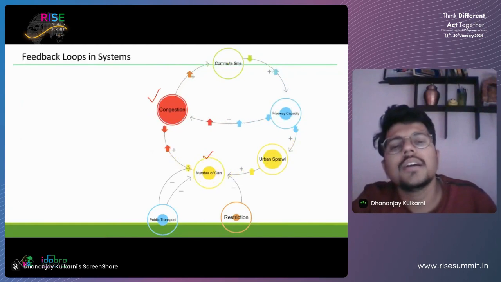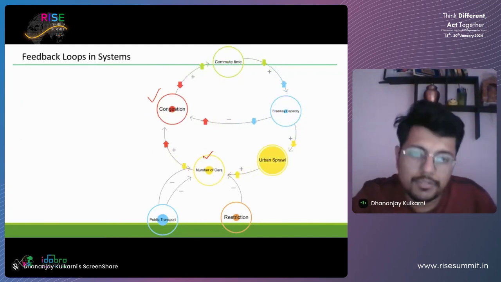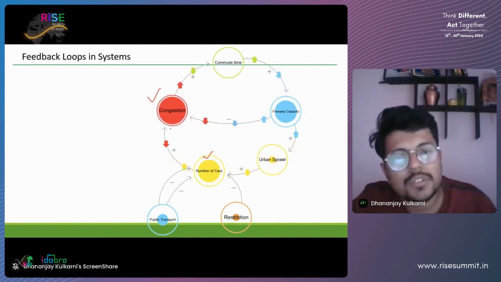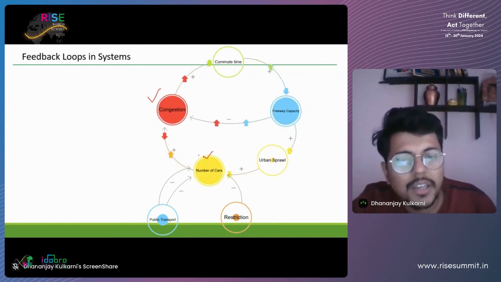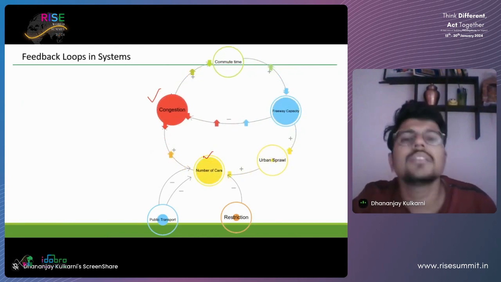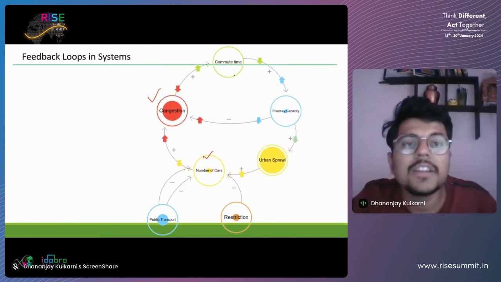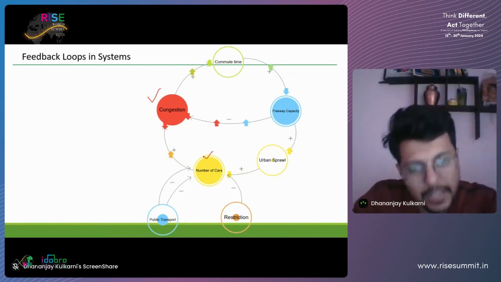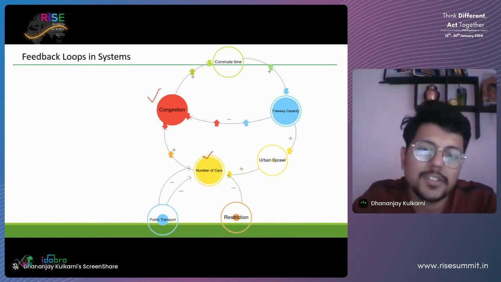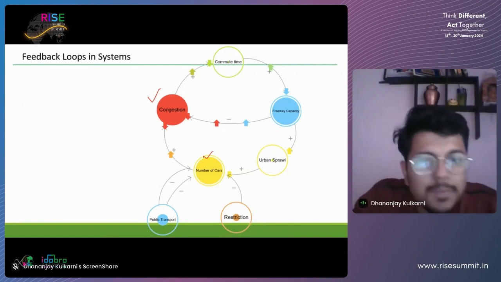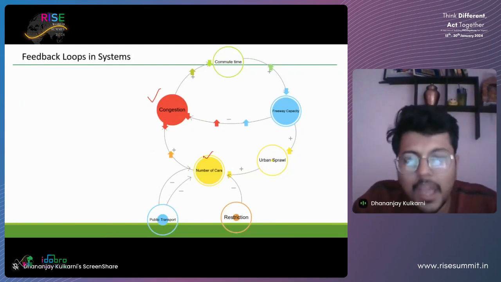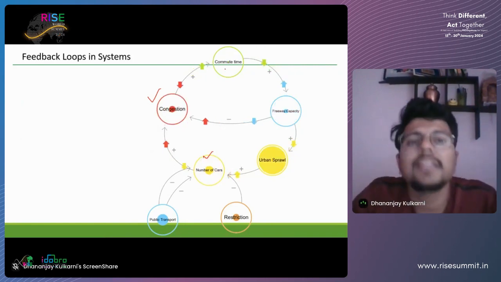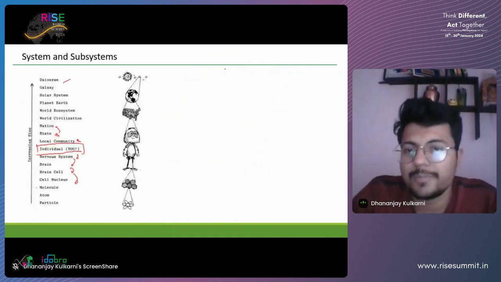If there are more cars, then definitely the congestion would be more, right? So there is a positive correlation. An increase in the number of cars will increase the congestion on the road. That will increase the commute time. So you can see multiple elements interacting with each other. When we study this behavior and this pattern, and understand how they are interacting with each other with the goal of a system, it's called systems thinking in short, right?